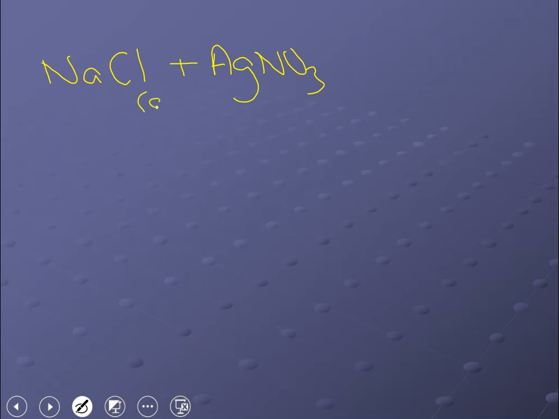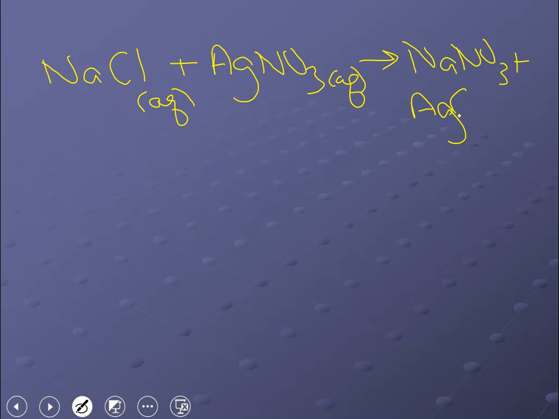So they're both aqueous. Okay, and then we're going to make sodium nitrate and silver chloride. Now, our precipitate here, if you go to your solubility rules, you'll find out that the AgCl is a precipitate, so NaNO3 is our aqueous here.